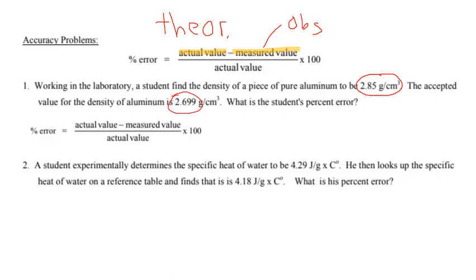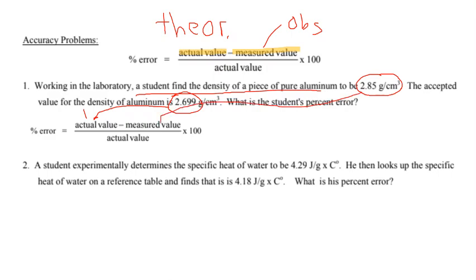So if we look at this right away, we're going to try to decide which one is the actual and which one's the measured. Okay, since it actually says the accepted value is going to be this one, and since the student found the density, this is definitely going to be our measured.